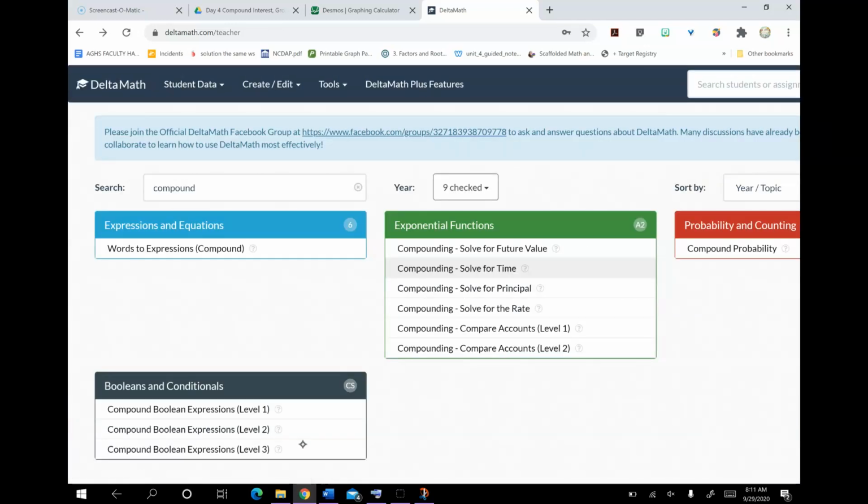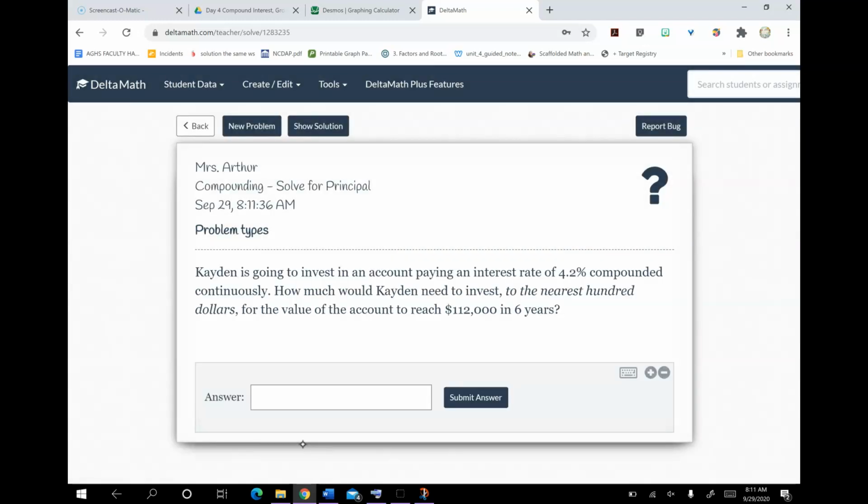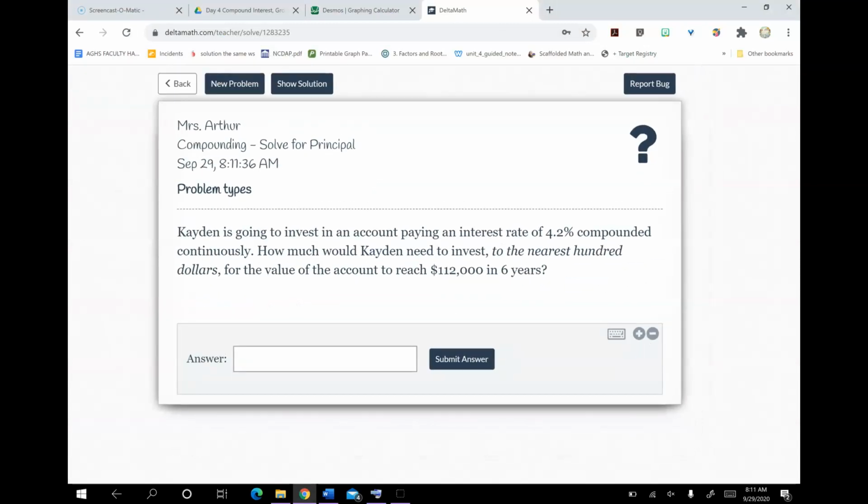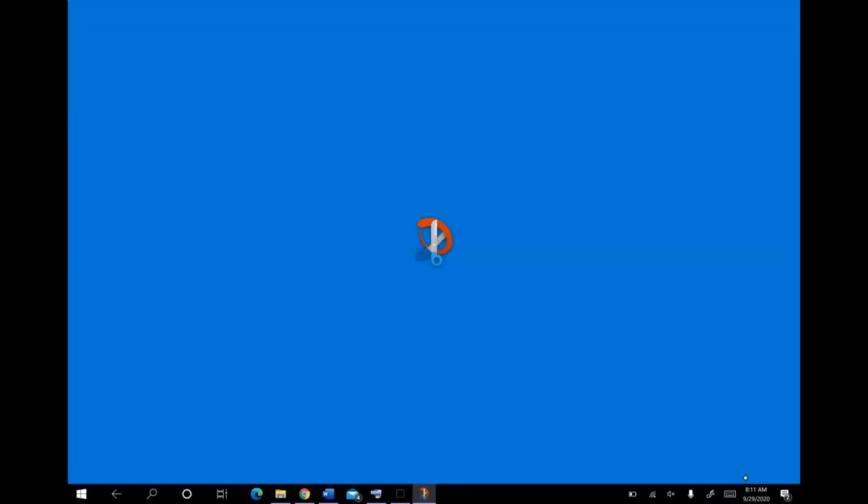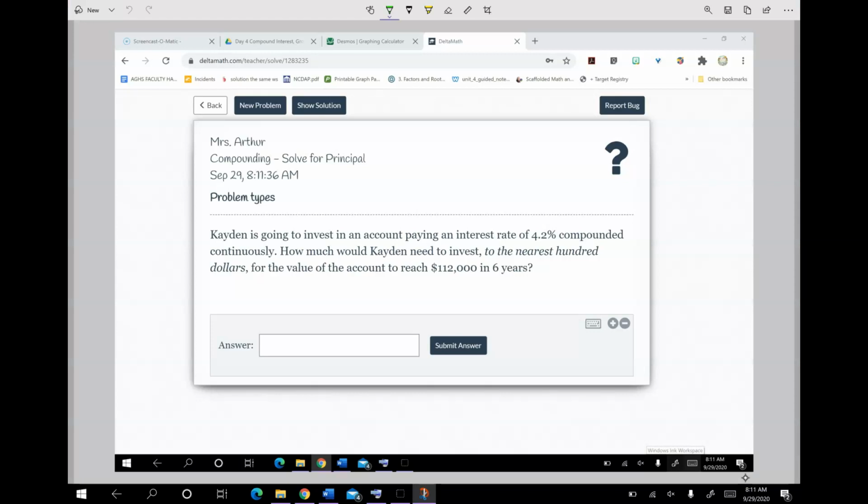So now let's solve for principal, and then we'll solve for rate, and then we're going to call it done. Okay, all right, so let's get our screen snip. All right, so it says Caden is going to invest into an account paying an interest of 4.2% compounded.